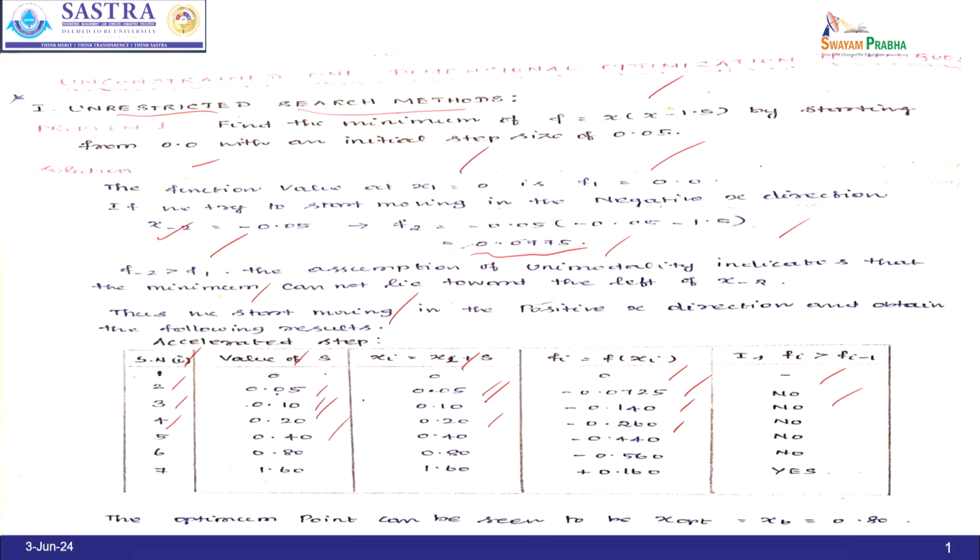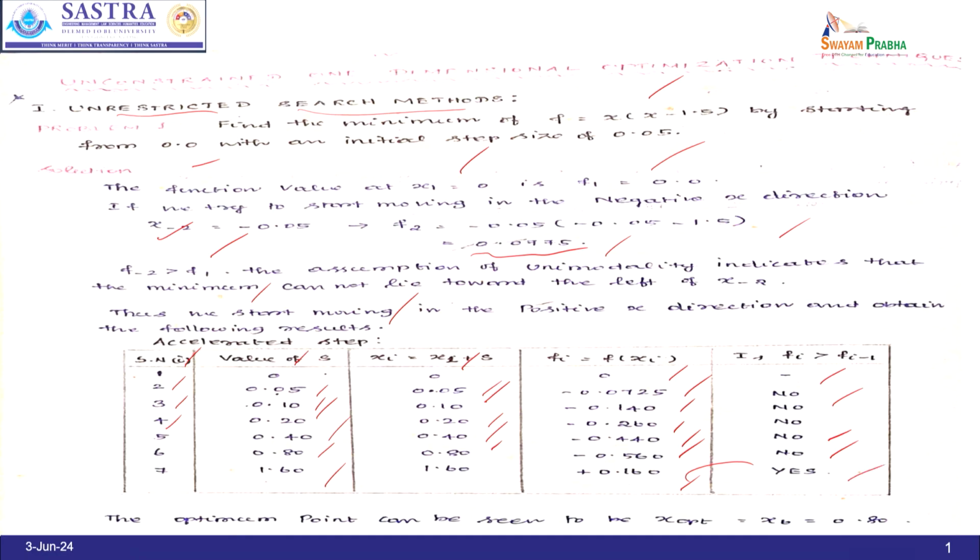Next one is i = 5 and the value of s = 0.40, and xi = xi + s = 0.40, and substituting, f(xi) = -0.440, and no. Next, sixth, i = 6, the value of s is 0.80, therefore xi = xi + s = 0.80, then fi = f(xi) is -0.560, and no. So you take i = 7, the value of s = 1.60, fi = f(xi) = 0.160, and check the previous value and this value, and there is a change.